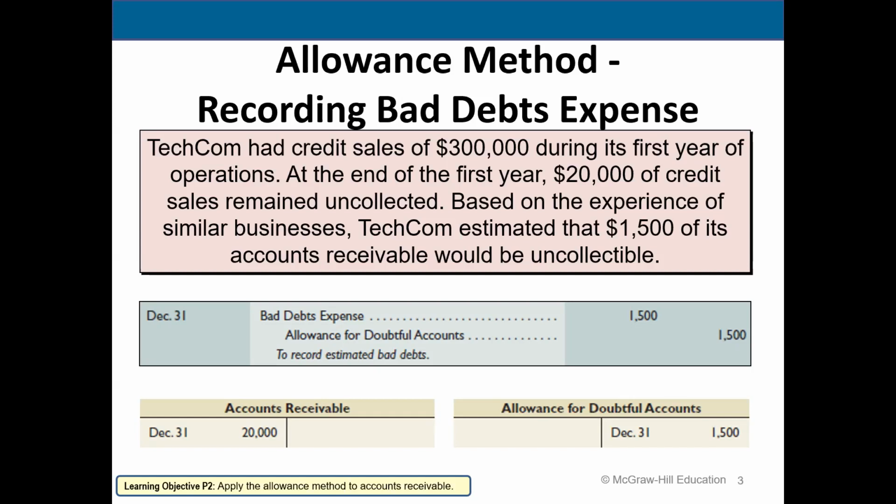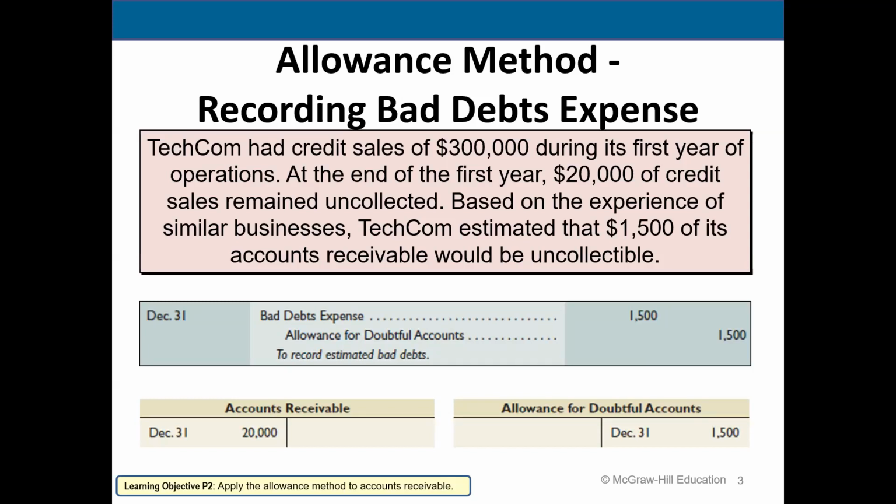And we're going to use a new account called Allowance for Doubtful Accounts. And Allowance for Doubtful Accounts is another contra account. It's a contra asset account, because on our balance sheet, we'll have accounts receivable less allowance for doubtful accounts. That's how we're going to reduce the balance sheet item. We can't take it directly out of accounts receivable because accounts receivable is input by customer, and we don't know which customer we're not going to collect.